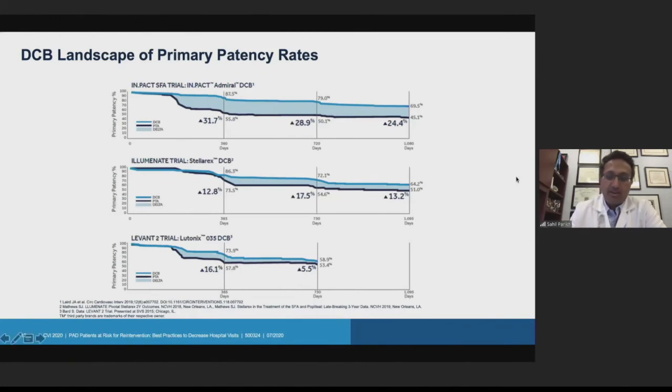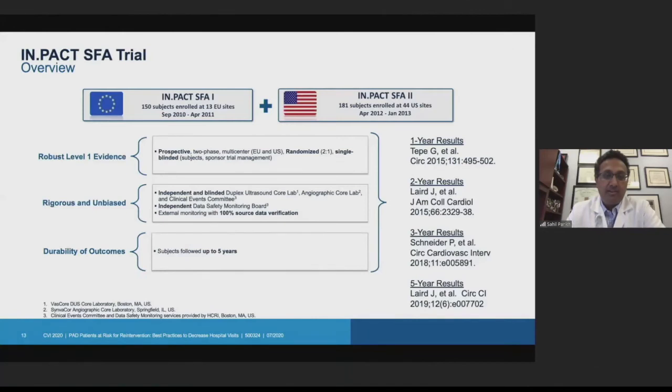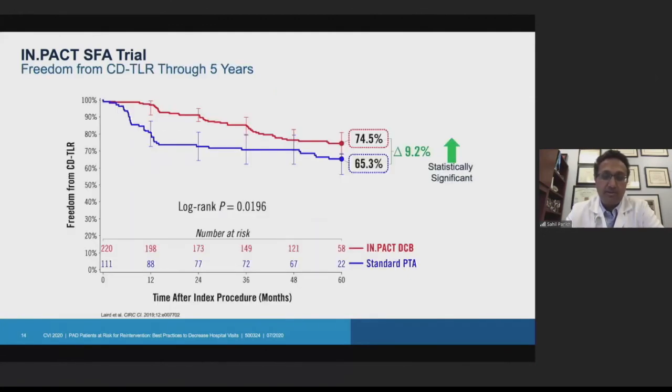And I wouldn't get drawn into the trap of trying to compare randomized trials, but you can see that the IMPACT data are very strong for primary patency at 3 years of follow-up, with a statistically significant difference at that time point. The overall clinical trial program, I think, is well known, and the long-term data for patency up to 3 years and TLR out to 5 years have been peer-reviewed and published with excellent core laboratory analysis and adjudication and with relatively low loss to follow-up.